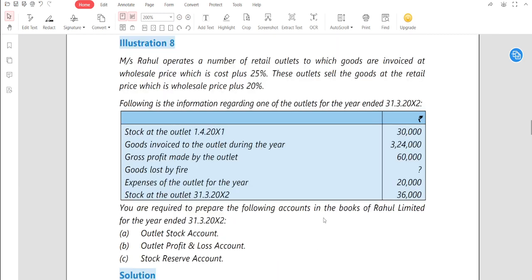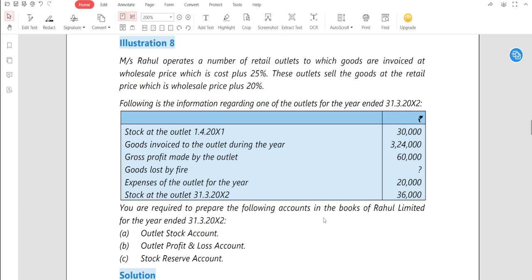So see what we have to calculate first. First of all, we need to calculate the wholesale price. The wholesale price is cost plus 25%. So if cost is 100, the profit is 25, so it will be 125%.